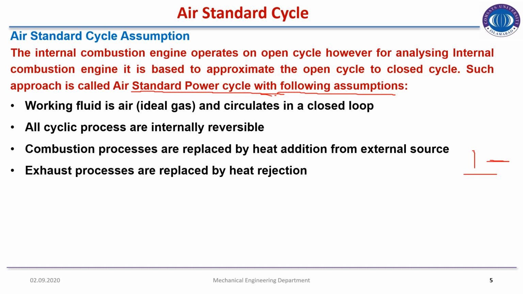Exhaust processes are replaced by heat rejection. After combustion, some of the thermal energy is converted into mechanical energy, whereas the rest is rejected into the sink or exhausted out. So the exhaust process for the air standard cycle is replaced by a heat rejection process.